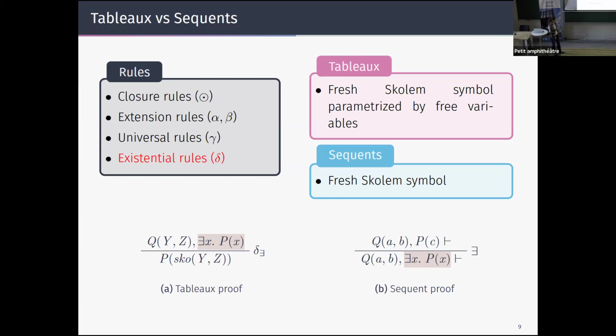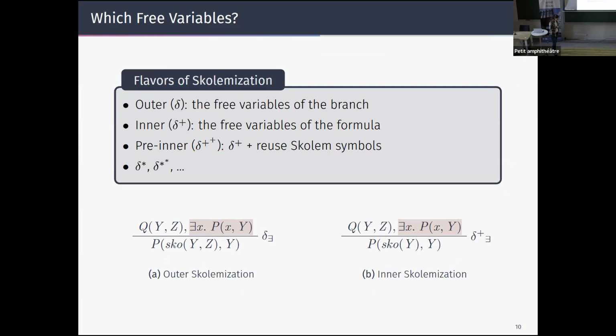But in Skolemization, we have more advanced strategies. Those more advanced strategies usually allow us to use fewer free variables when we want to skolemize, or to sometimes reuse some previously used Skolem symbol. And those rules cannot be turned into a sequence. The very first optimization is called inner Skolemization or delta plus, and it allows us to use as free variables only the free variables of the subformula.